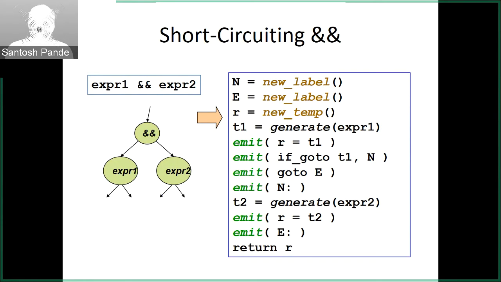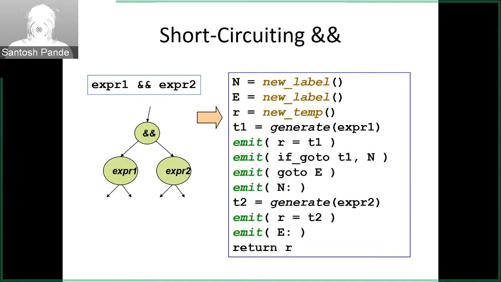And then coming back to N, where we are supposed to have expression 2's code, we call generate. That gets the generated value in T2. And now at this particular point, again, a similar type of optimization. You can see here that at the point where T2 is coming out, we already know that expression 1 is true.